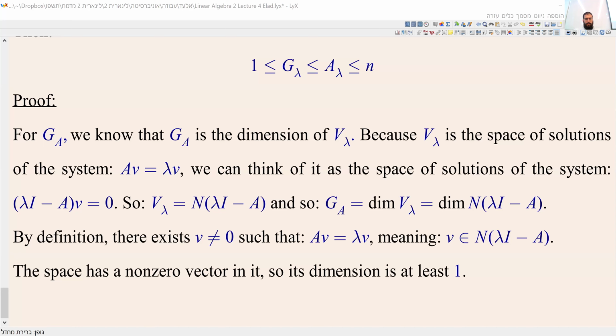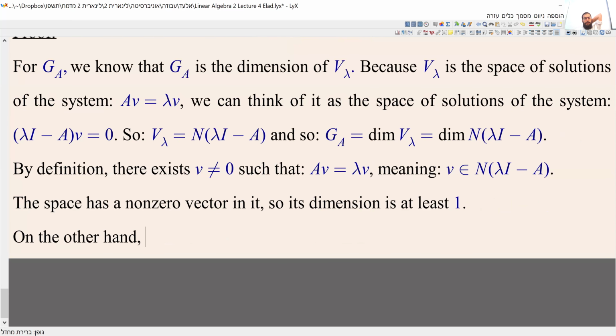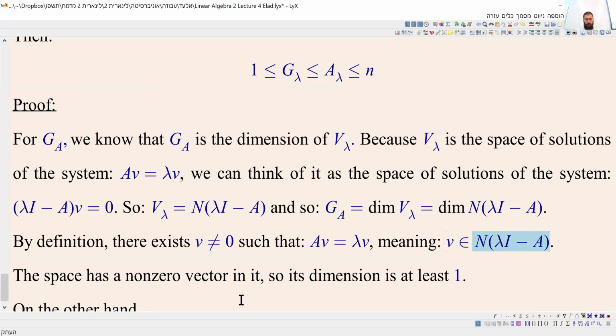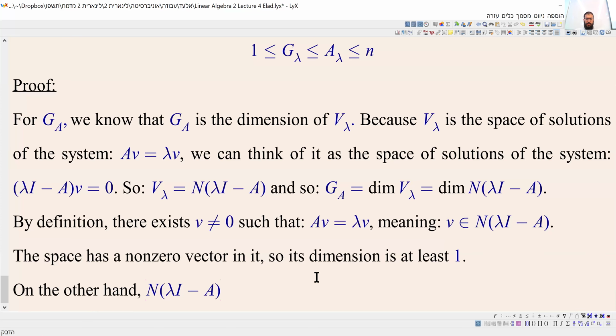On the other hand, the vectors here are all taken from F to the power of n, vectors with n entries. The null space of lambda I minus A is contained in it. It's actually a subspace, so we can write it with the sharp notation, not the circle one, of F^n.